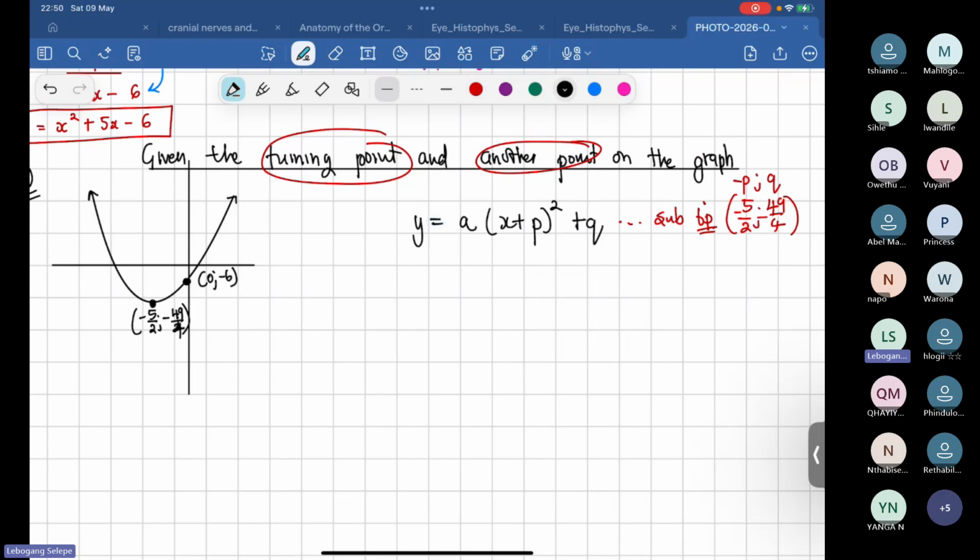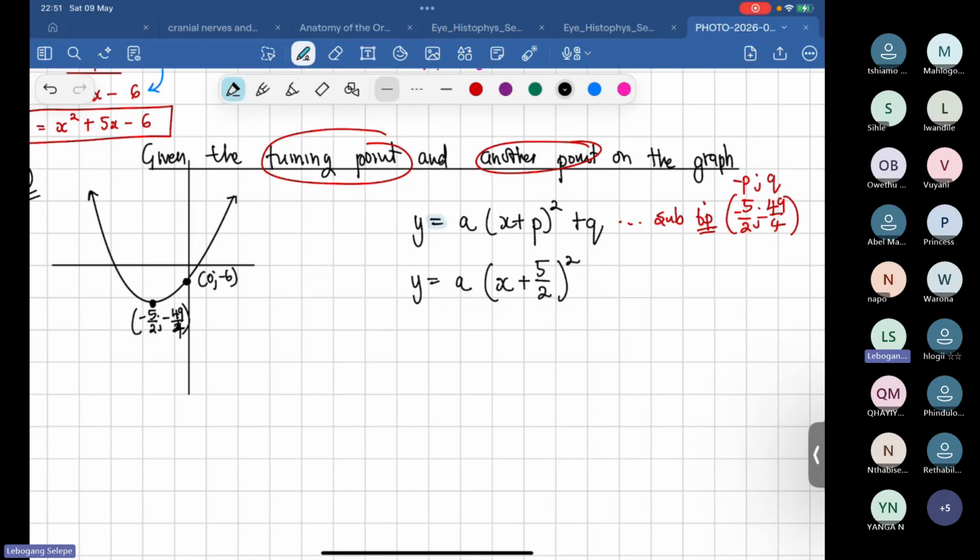So y = a(x + 5/2)². Why am I not substituting negative 5/2 exactly? Because negative 5/2 is negative p, so you need to change the sign before substituting inside the bracket.